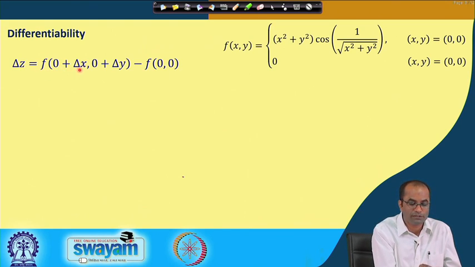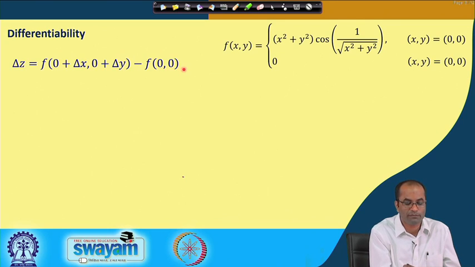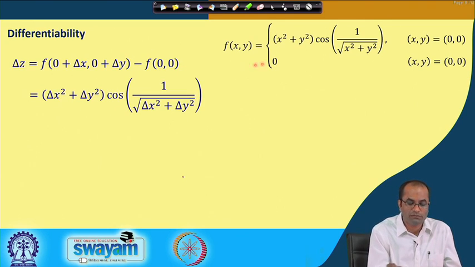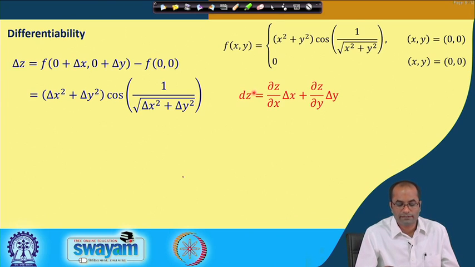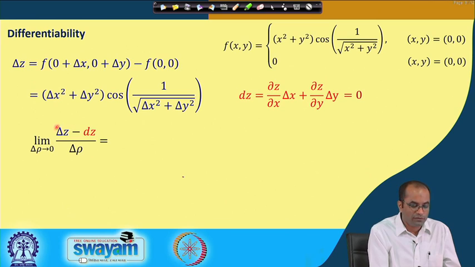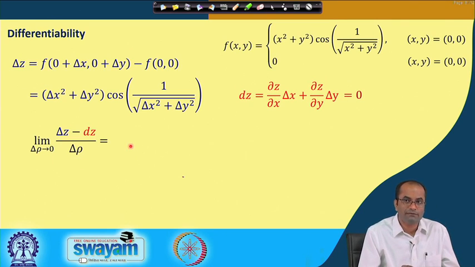So, f(0 plus Δx, 0 plus Δy) minus f(0, 0). Because f(0, 0) is 0, we have Δx Δy, so x y will be replaced by the Δx Δy term there, and this dz involves the partial derivative of z with respect to x at 0 and the partial derivative of z with respect to y at 0, and we have seen those values were 0. So, this dz is 0, and now this quotient here, and then we will take the limit.